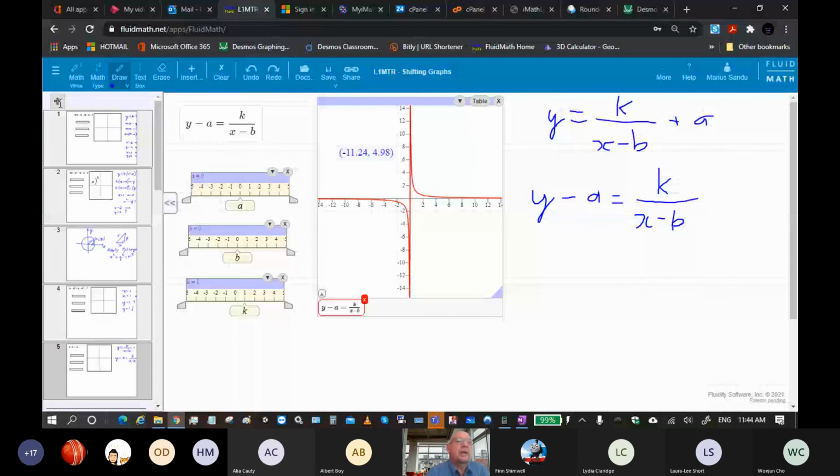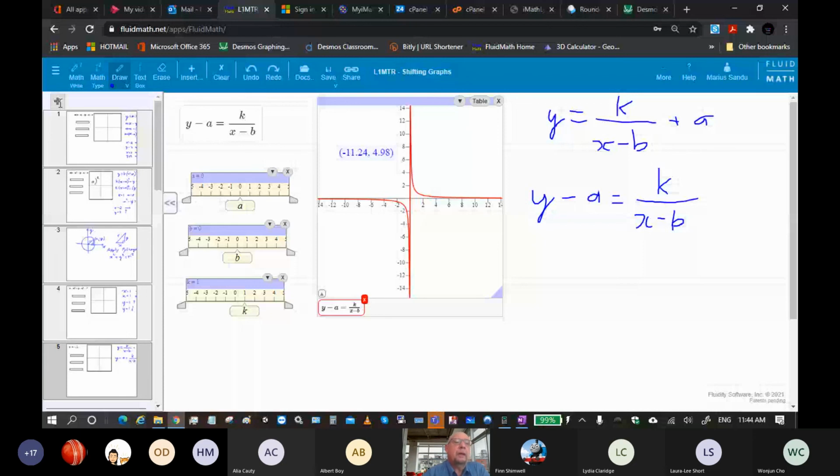So let's say I've got (x minus 2) to the power of 2 plus (y plus 1) to the power of 2 is equal to 4.